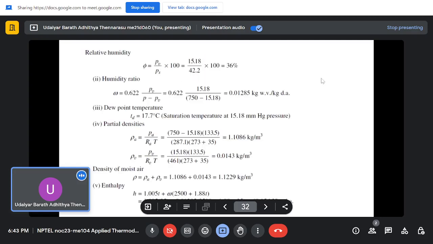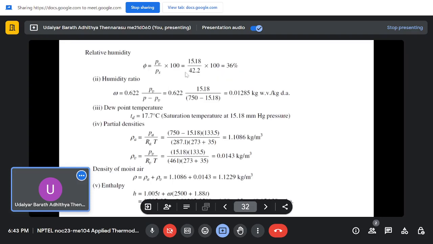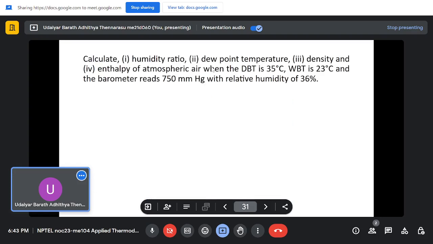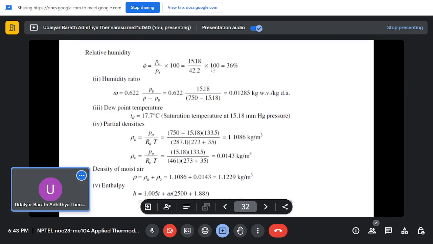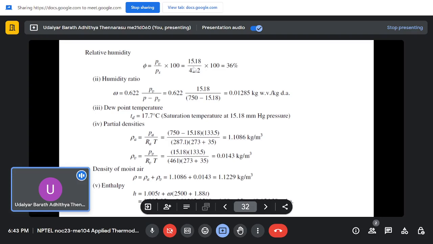So relative humidity is fairly simple. Phi is PV by P saturated. So for 36% and 35 degrees Celsius, your saturated pressure is 42.2.